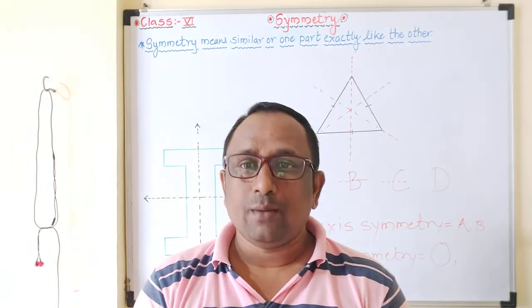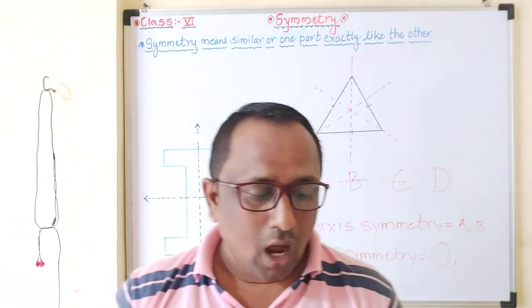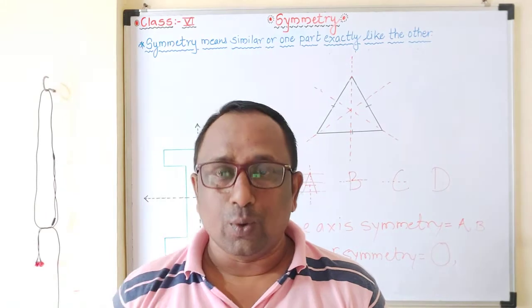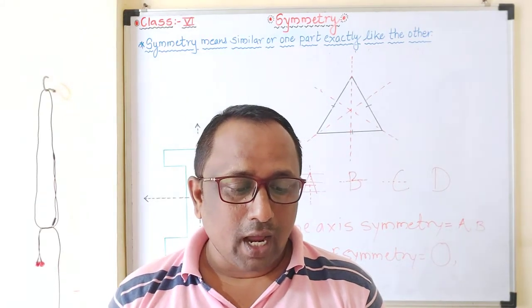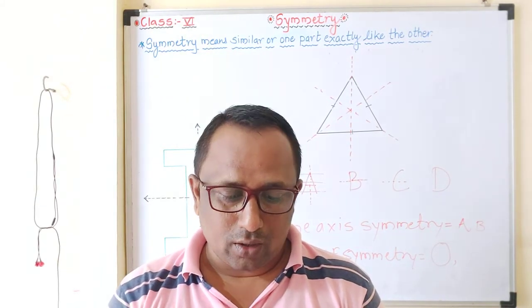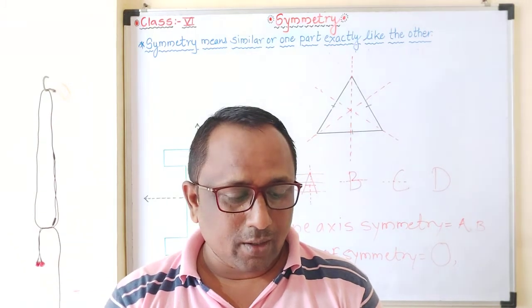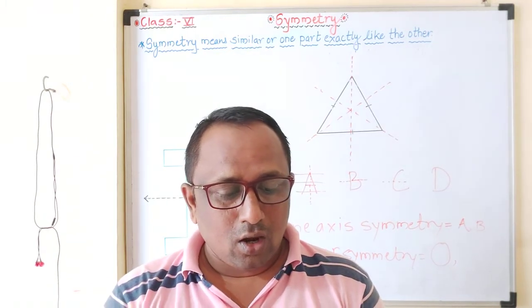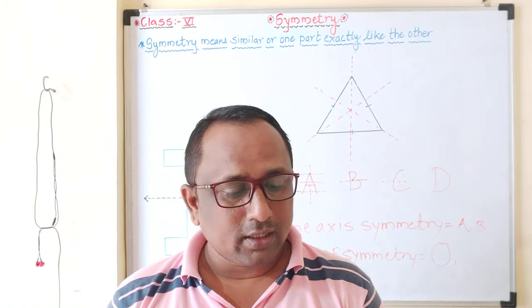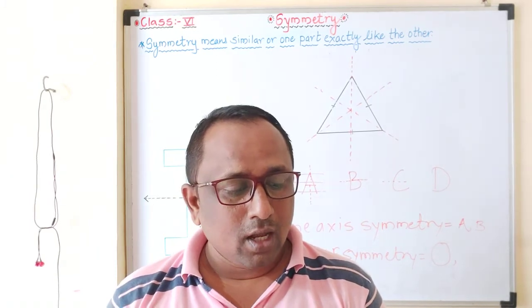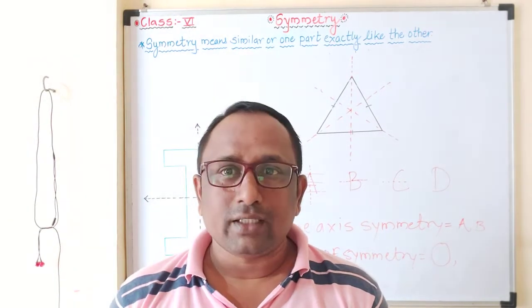If you see practice set number 21, the question is: along each figure shown below, a line L has been drawn. Complete the symmetrical figure by drawing the figures on the other side such that the line L becomes the line of symmetry. So here 3 figures are given with the line.